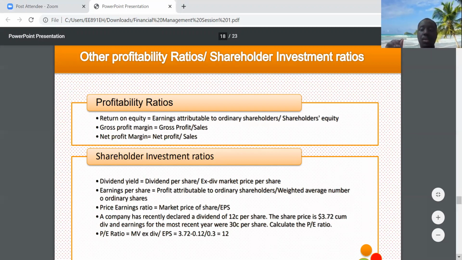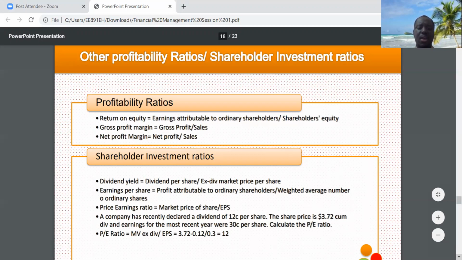Always remember that when you're calculating the PE ratio, you need the market value ex-dividend. So if you have the cum dividend, you need to take out the dividend portion to get to the ex-dividend. So what is the market value ex-dividend? We need to find out the share price cum dividend. It's 3.72.